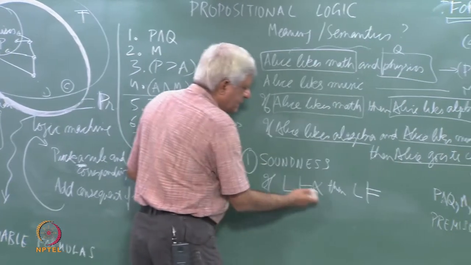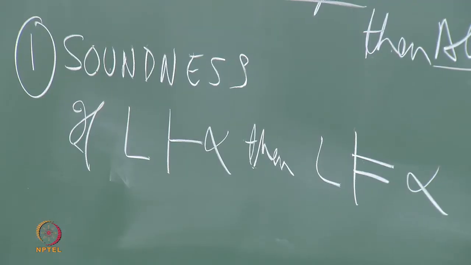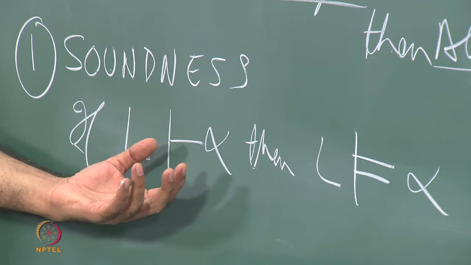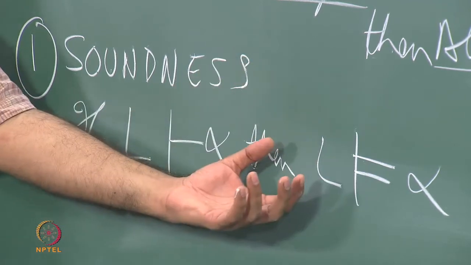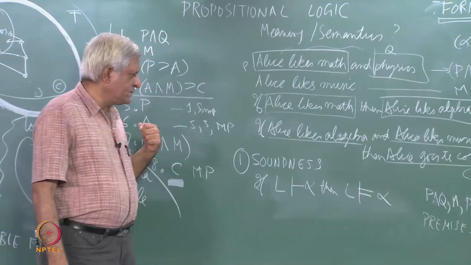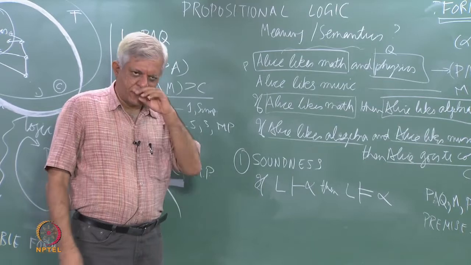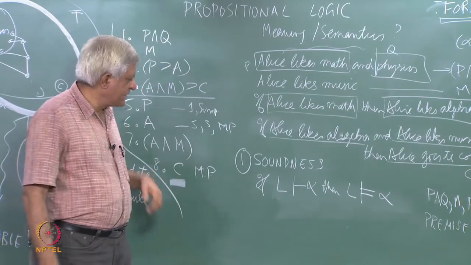If L derives alpha, then L entails alpha. The notion of soundness says that my logic machinery will produce only true formulas. If it produces a formula, then that formula must be true. Of course, trivially, if your logic machinery does not produce any formulas, it will be a sound machine, but that of course is not a very good machinery.